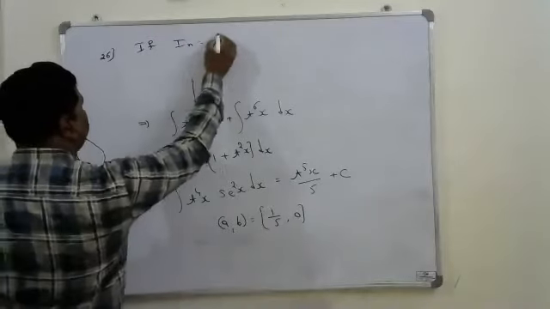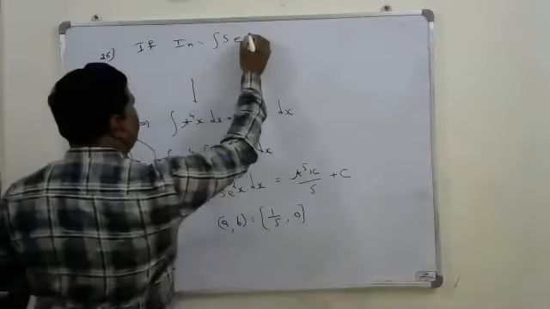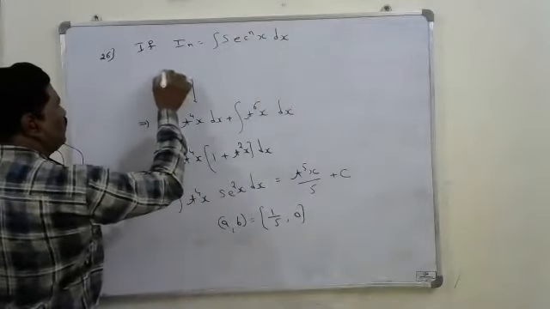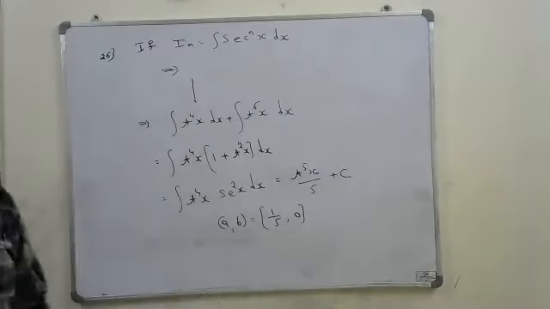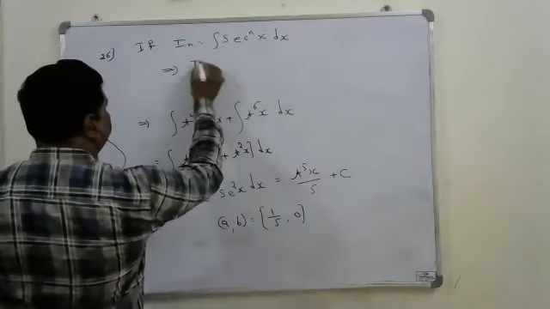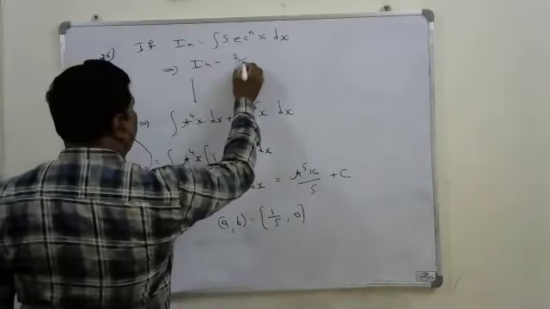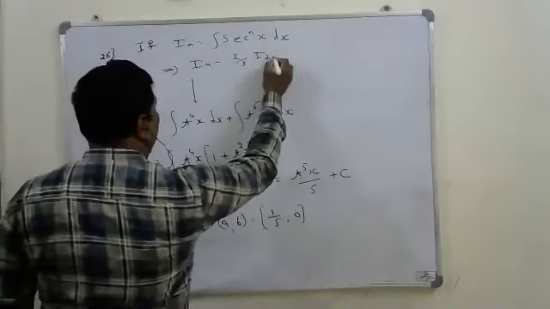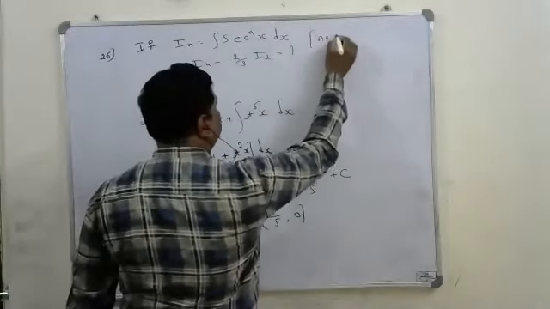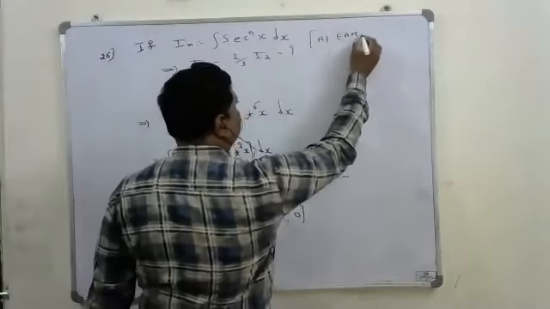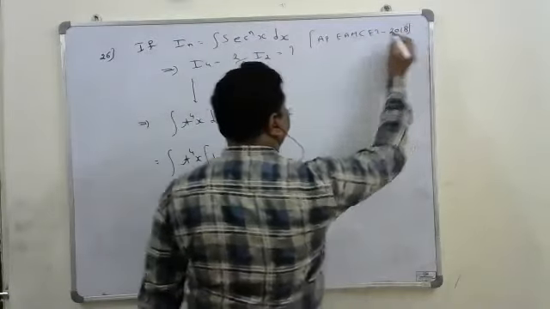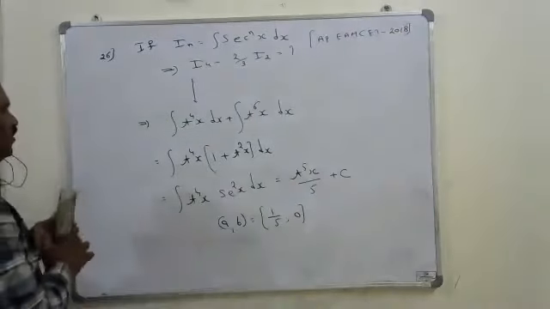If In is equal to integral secant power nx dx, then what is the value of I4 minus 2 by 3 I2? This problem was given in AP EAMCET 2018.